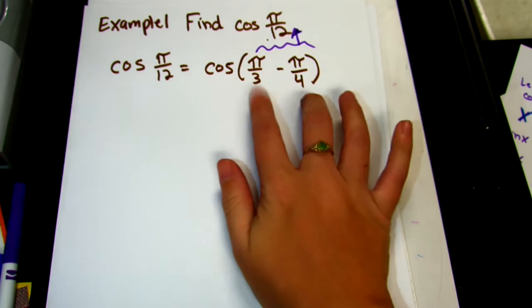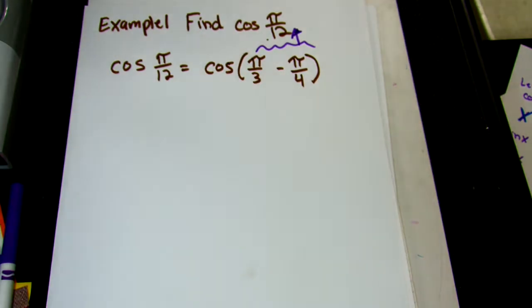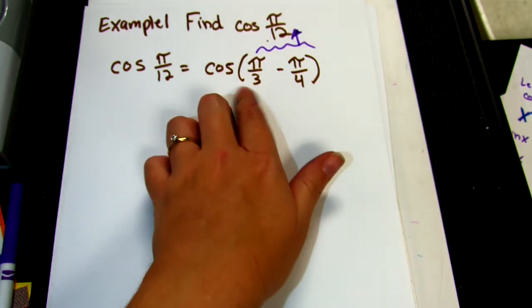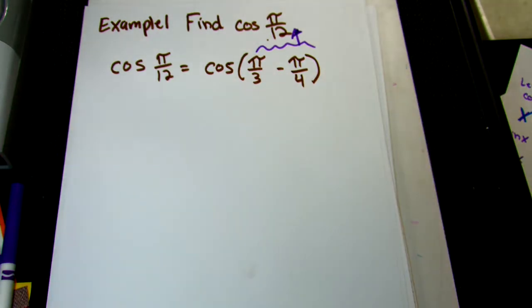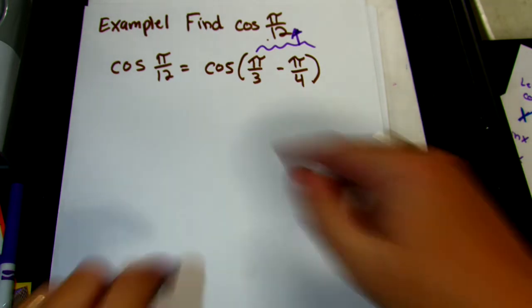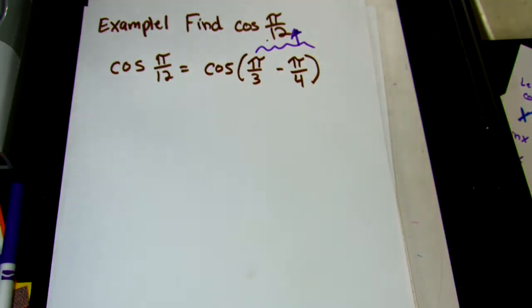The reason I did that is because I know the exact values of those angles. I know the exact value of cosine pi over 3, and I know the exact value of cosine pi over 4. So I can use those values and the sum and difference properties to help me, because this is a sum and difference property. You cannot just distribute the cosine.